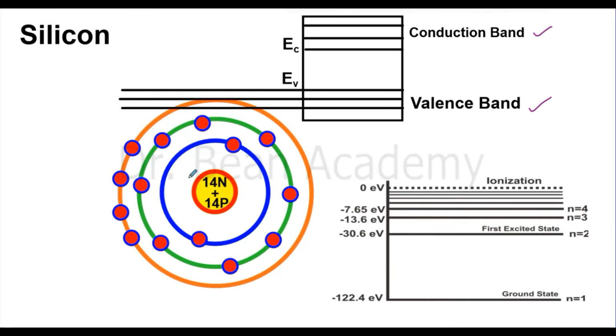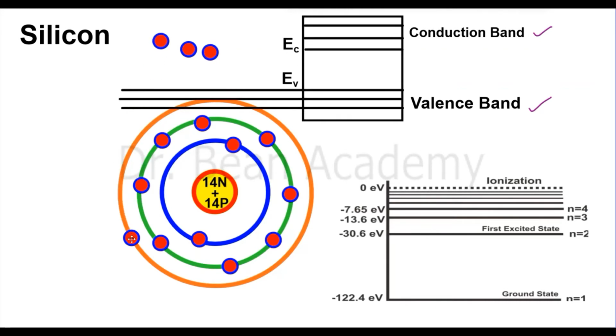And we have already discussed that it's easier for outermost or valence electrons to snatch them away from the nucleus because the binding force is not that much. So now suppose I give enough energy to this electron, and I succeed to snatch it away from the nucleus. Similarly, I give energy to this electron and I have snatched it away as well.